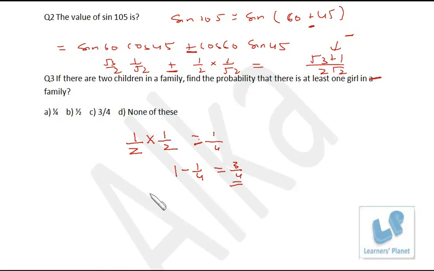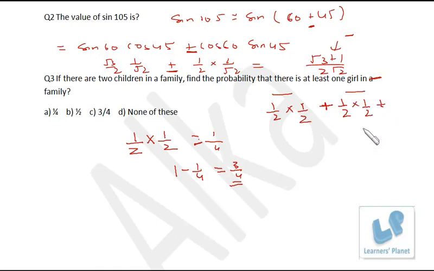You can approach the problem in another way also. First is a girl and second is a boy: the probability for the first is 1 by 2, and for the second is 1 by 2. Now this is a separate event, and the next one is also a separate event: first is a boy and second is a girl.